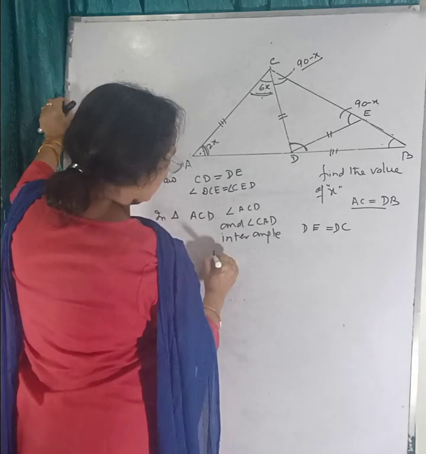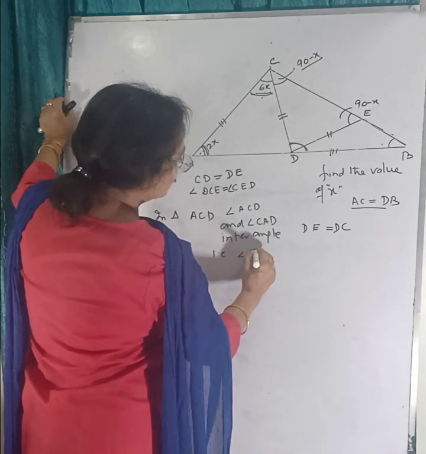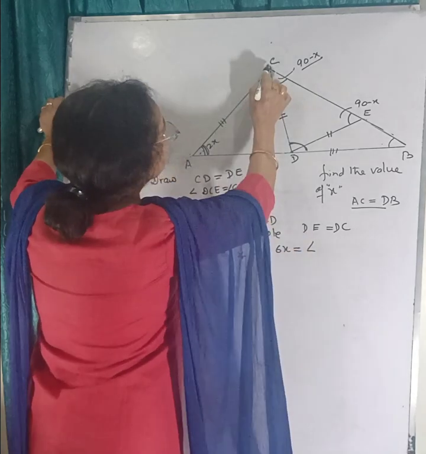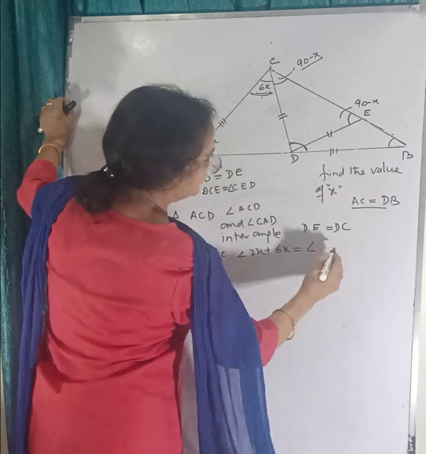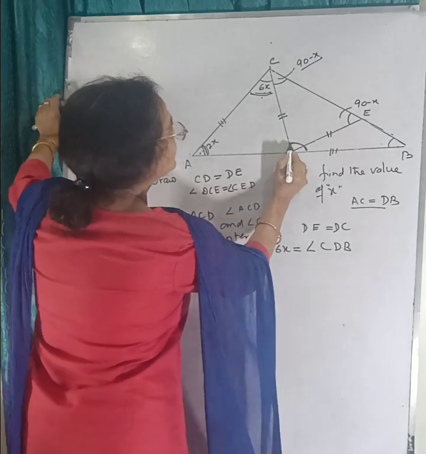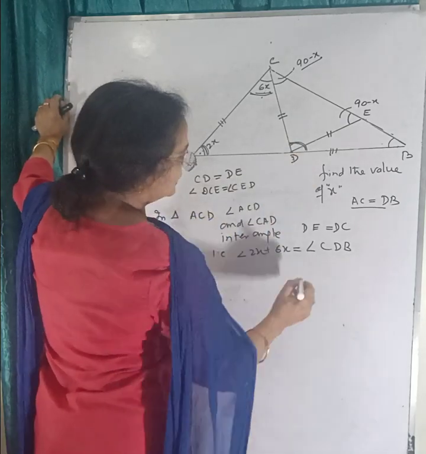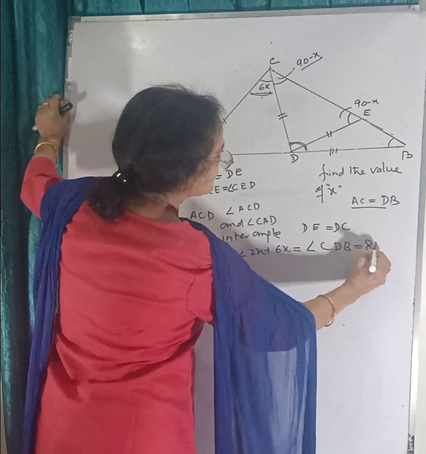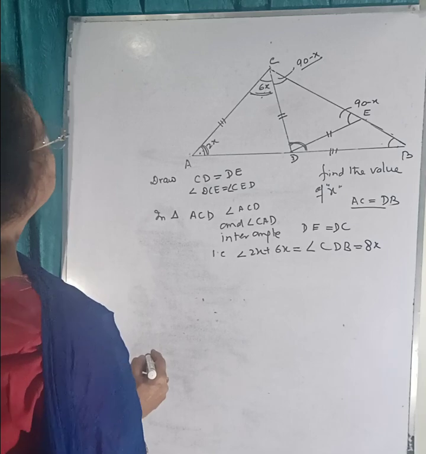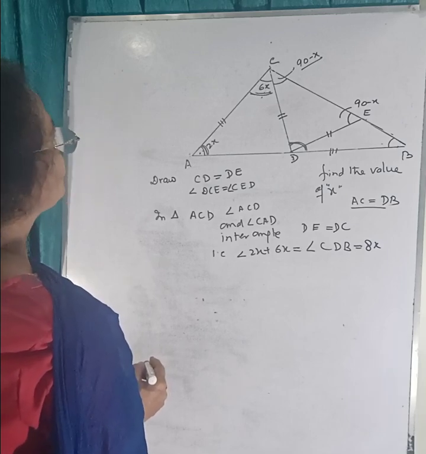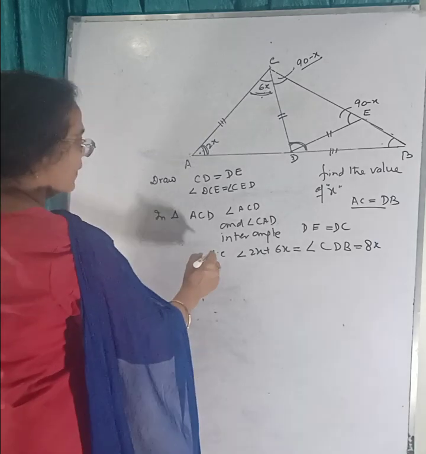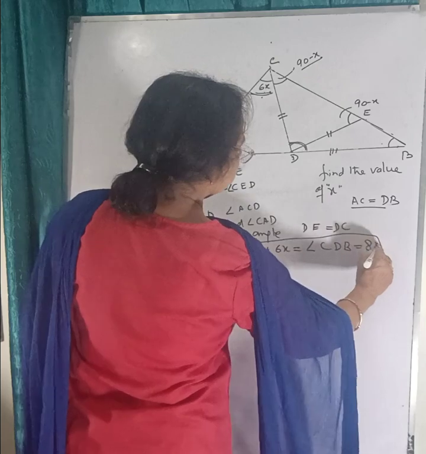Angle 2x plus angle 6x will be equal to angle CDB, which will be 8x. Correct? Okay. एक बात तो ये हुई, this is 8x.